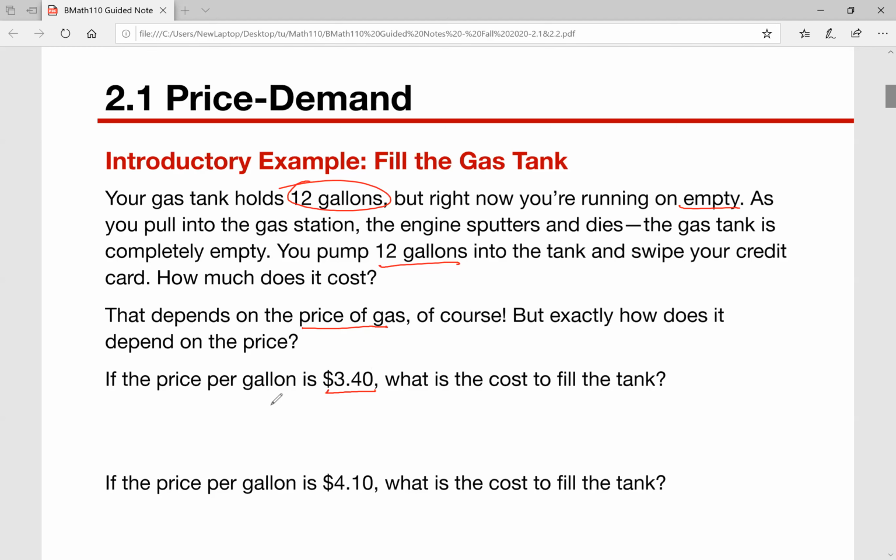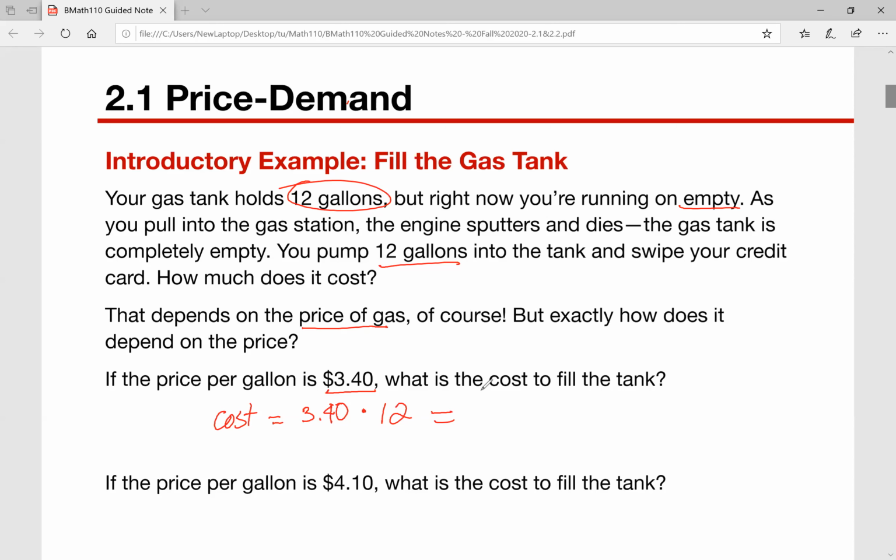So you know that cost will be equal to 3.40, and you're gonna multiply by 12 because you are having 12 gallons. Use a calculator, and you have 40.80.